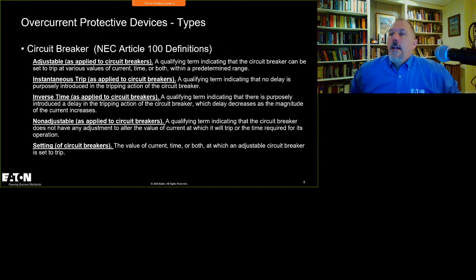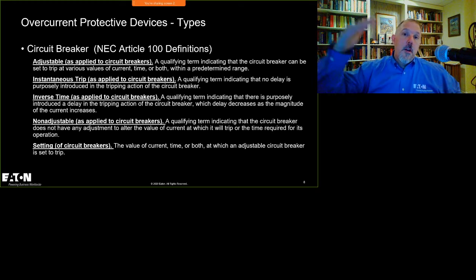Circuit breakers. Now, there's more definitions in Article 100. We have adjustable circuit breakers as applicable, and instantaneous trip. We have inverse time. The higher the current, the faster the trip. The lower the current, the longer the trip.